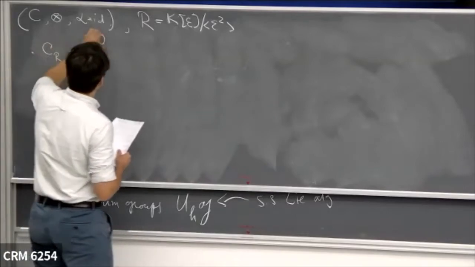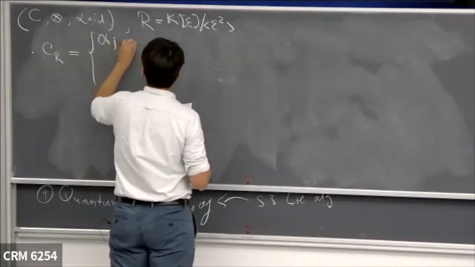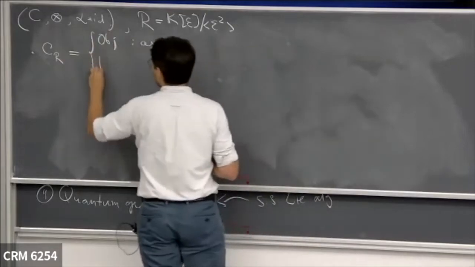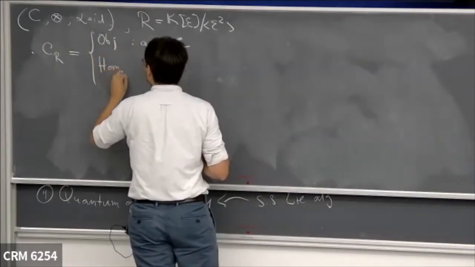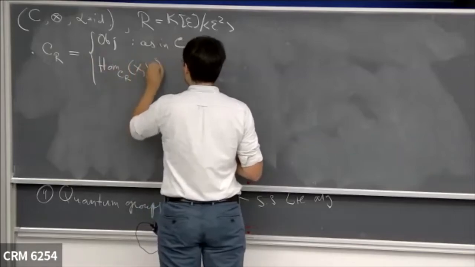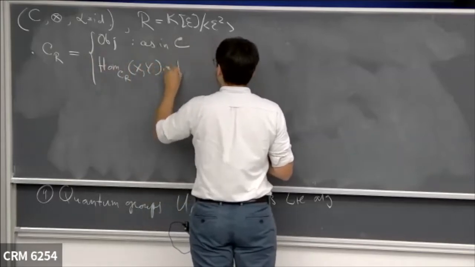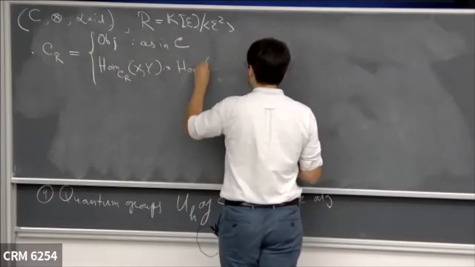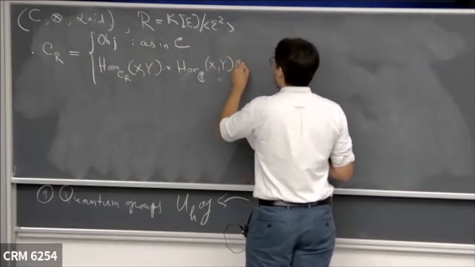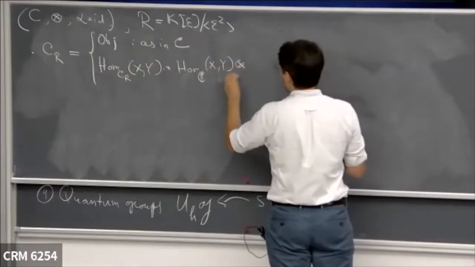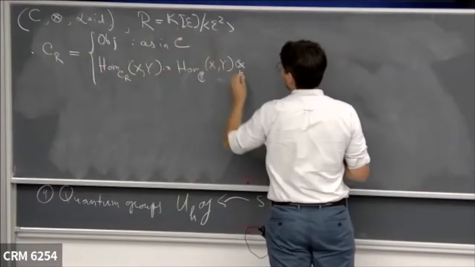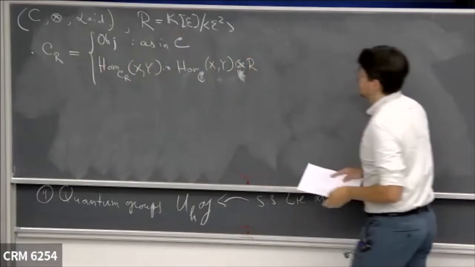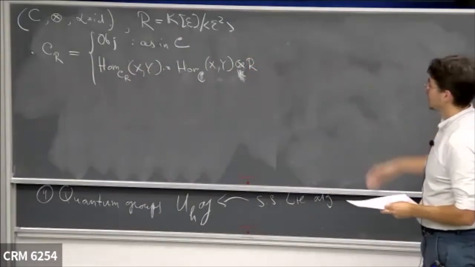Objects are as in C, so we don't change objects, but we change Hom spaces. Hom spaces in this category C_R between X and Y is by definition Hom in category C, X, Y, tensored over my ground field K with R. So I just extend Hom spaces.